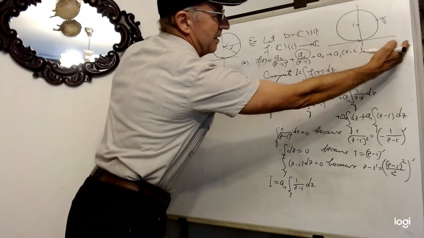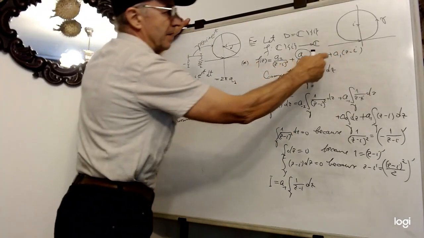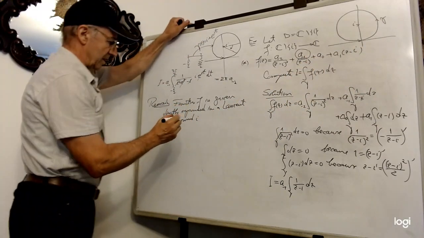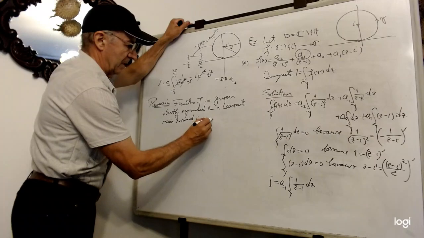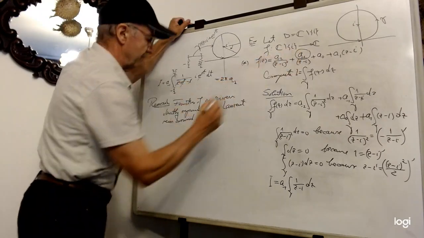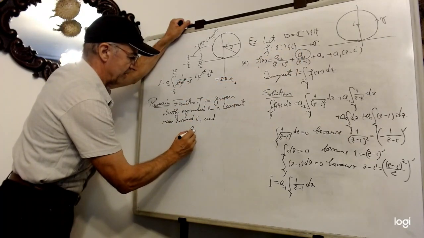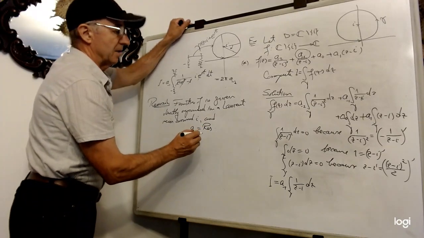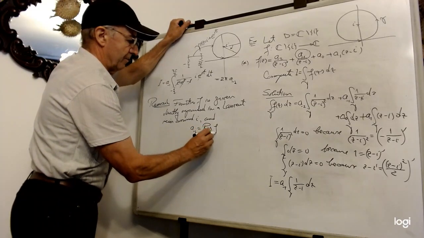The missing terms have coefficients 0. And so this coefficient a minus 1 is exactly the residue at point i of f.